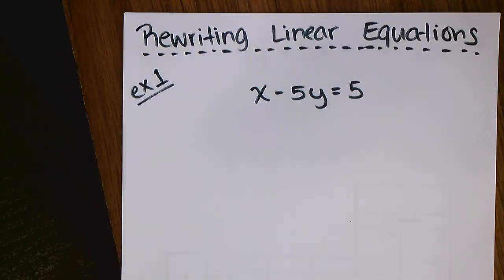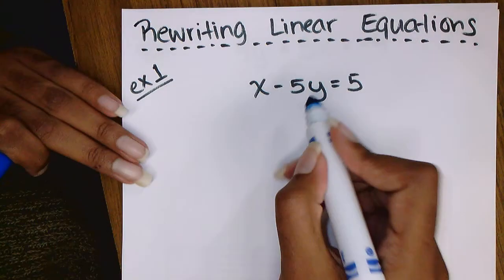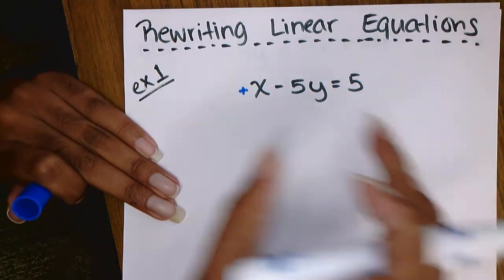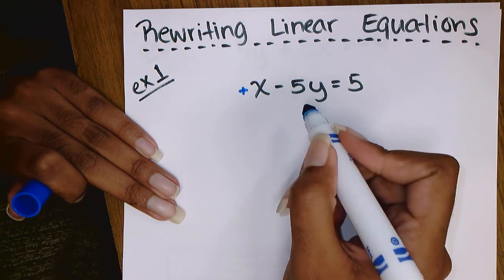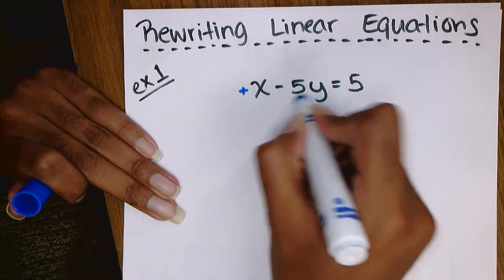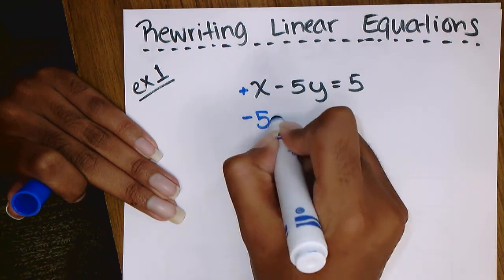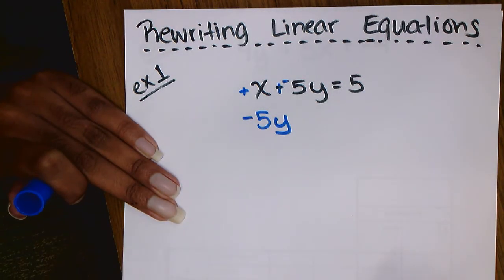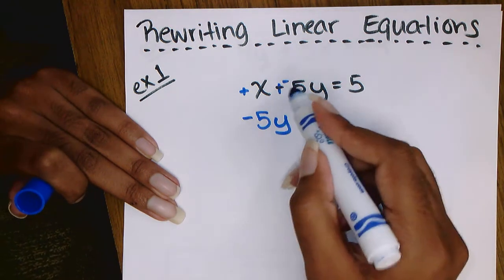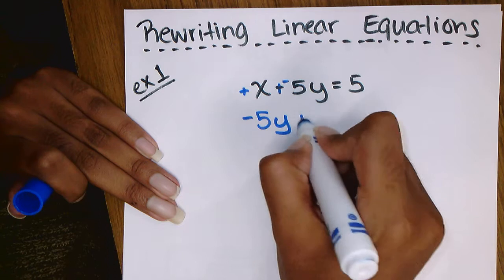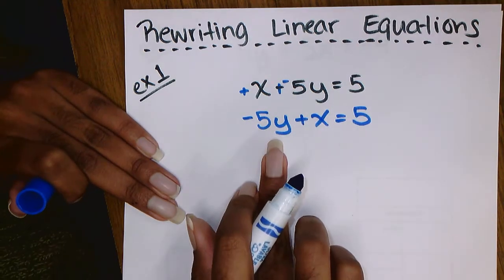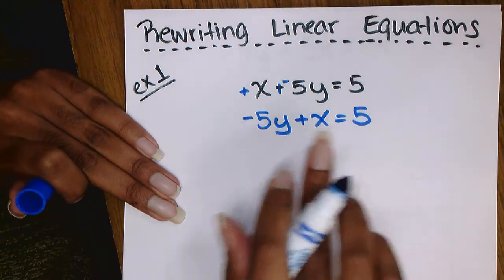I know that there's an invisible plus here, so I'm going to rearrange this equation and rewrite this as negative 5y, because this is really like plus negative 5, which is really my second step, which was to rewrite subtraction using addition. So I just did that and combined that. Plus x equals 5.